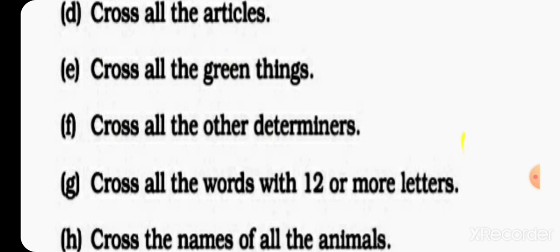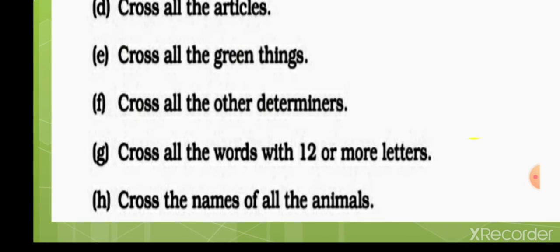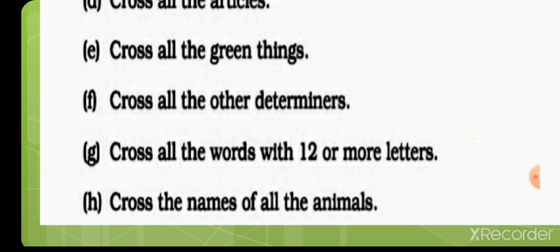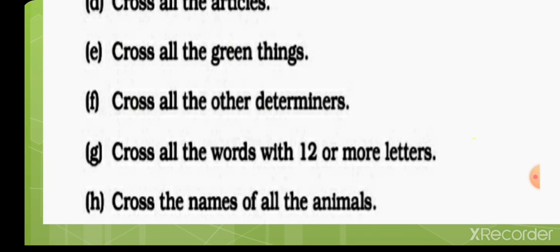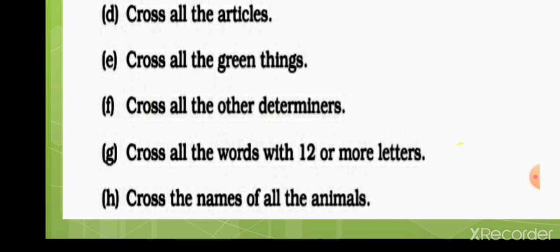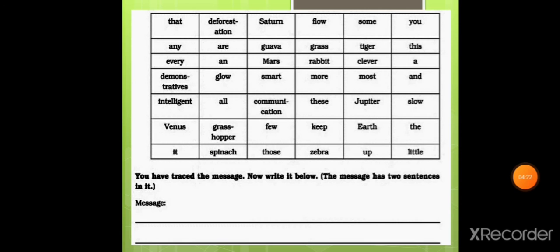Then cross all the green things. Then cross all the other determiners. Demonstratives are given, but other determiners are also there, so you have to cross all other determiners also. Then cross all the words with 12 or more letters. And at last cross the names of all the animals.